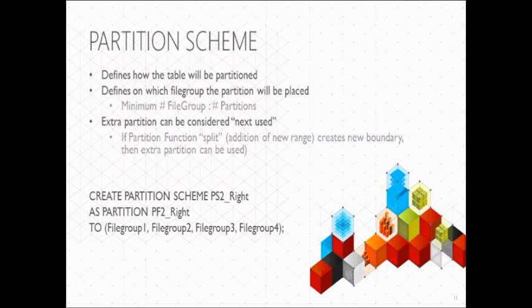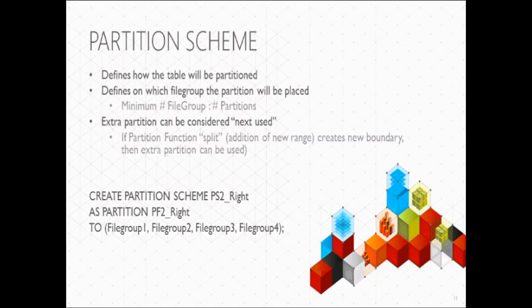So for the partition scheme, the next step after defining a partition function is to map the partition function to one or more partition schemes. The partition scheme defines how any resulting partitions will be stored on filegroups.